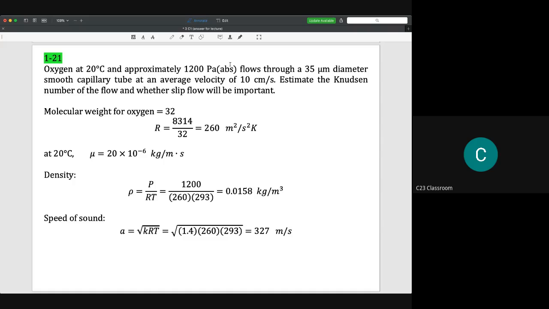So this is the idea. You could search about gauge pressure and absolute pressure, because this is very important. In certain conditions they will give you a bracket ABS, so you need to be alert that that pressure is actually the absolute pressure.